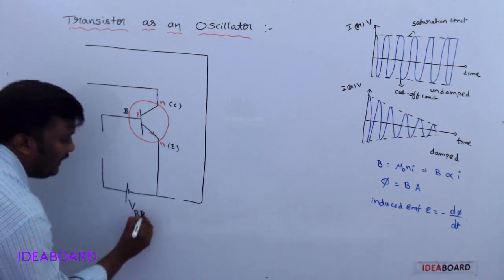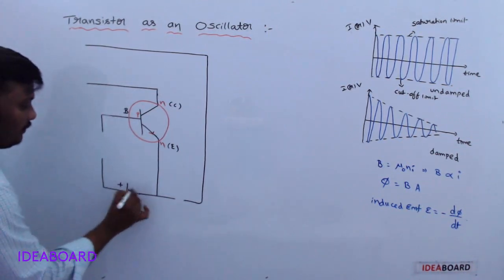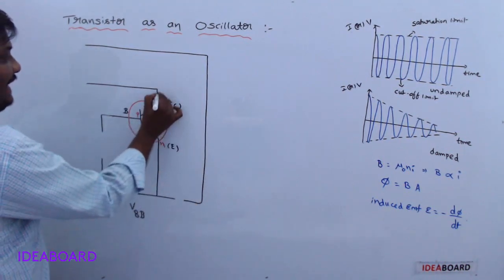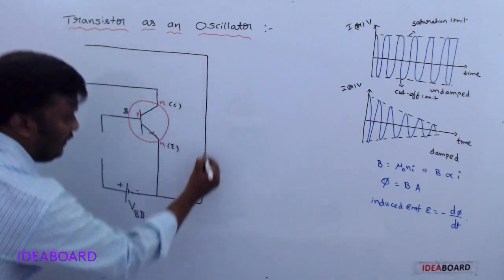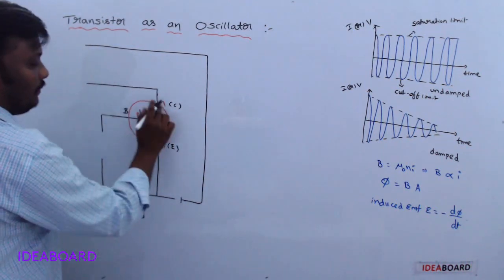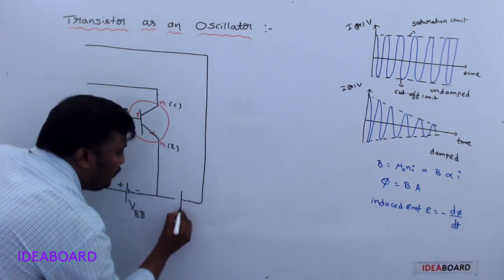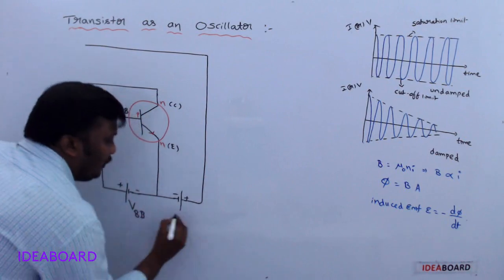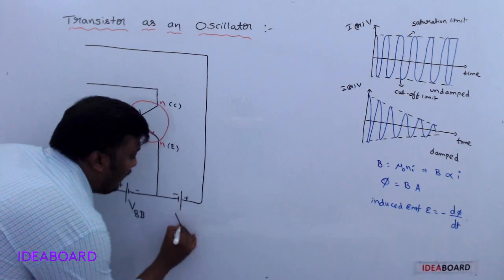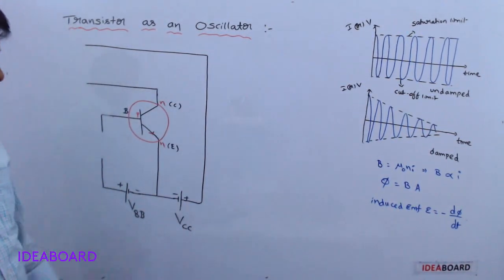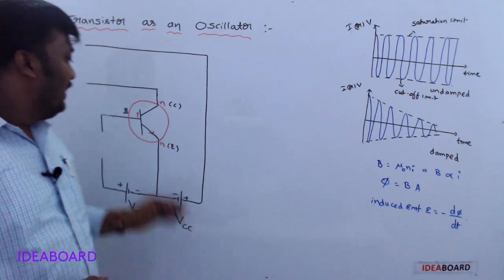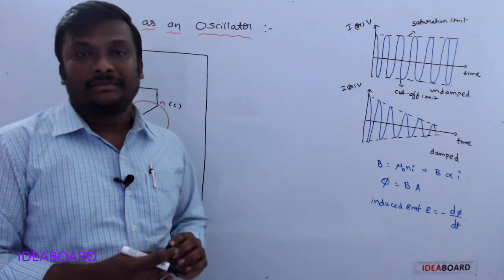This is called the base source voltage, VBB. The collector is always connected in reverse bias, which means the N side is connected to the positive terminal of the battery. This is called VCC, the collector source voltage. So VBB and VCC always maintain the transistor in the active state.